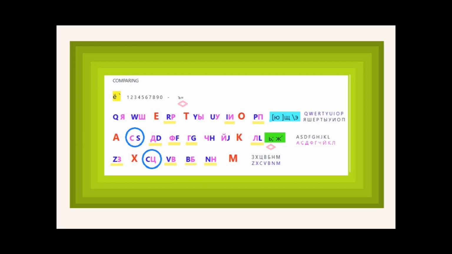We call разделительный твердый знак. We have in grammar such names as dividing hard sign or dividing soft sign, and in that case this sign will be doing the function exactly of dividing consonant letters, so you pronounce it a different way.